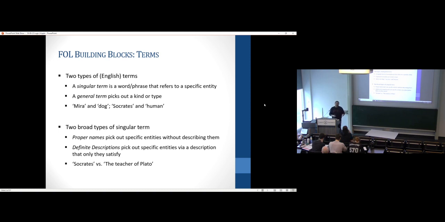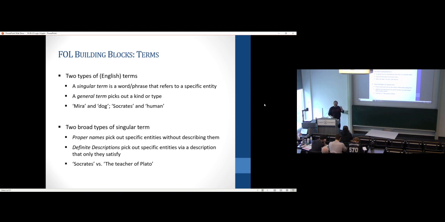You wouldn't know, in fact, if I told you, oh, Mira was on the couch when I left. You don't, strictly speaking, know anything at all about what she is, other than she's something that could be on couches, but that's not from the name. So proper names denote, refer, pick out specific entities without any kind of description.